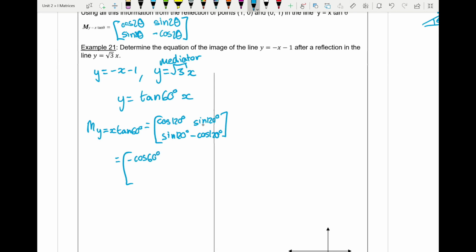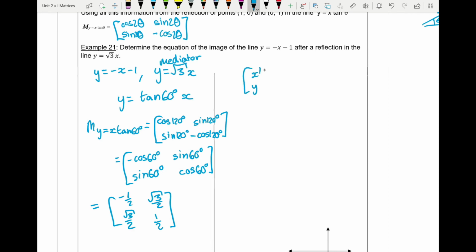Sine of 120 is the same as sine of 60 degrees. And that's going to be positive because it's negative times negative 60 degrees. So what this ends up being is negative a half, root 3 on 2, root 3 on 2, positive a half. And so our x prime, y prime is going to equal that matrix times x and y.